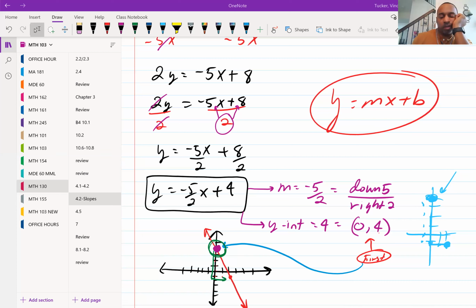I think it's intercepts and slopes. Yeah, intercepts and slopes. That helps when I write this down, when I'm taking my test. Intercepts and slopes. Okay. So yeah, we'll get into 4.3 on next class.